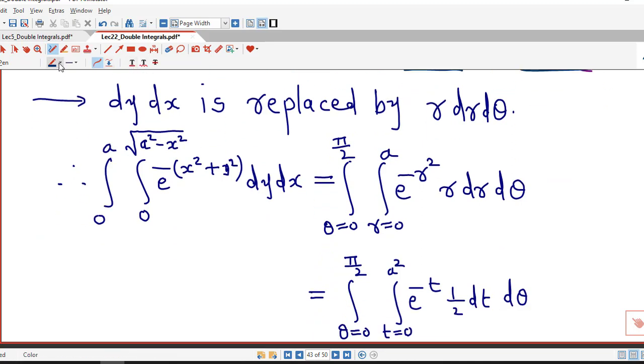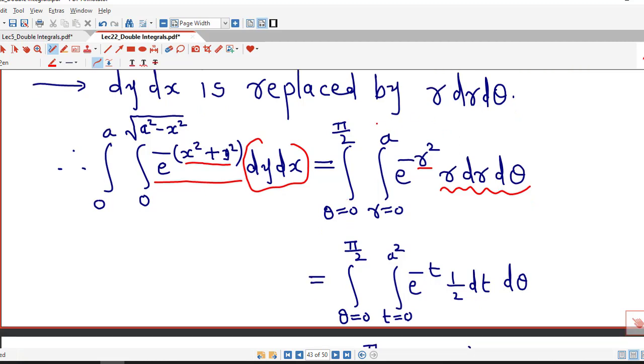So now we substitute all these things in the given double integral. We put x equal to r cos theta, y equal to r sin theta, so that x square plus y square is r square. dy dx is replaced by r dr d theta. Limits of r are from 0 to a and theta is from 0 to pi by 2. Now first we have to integrate with respect to r.